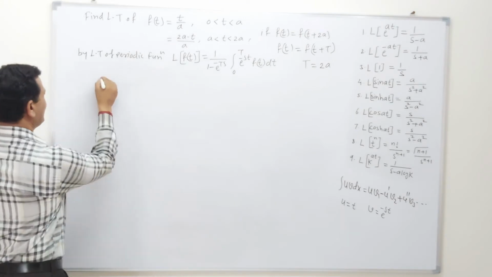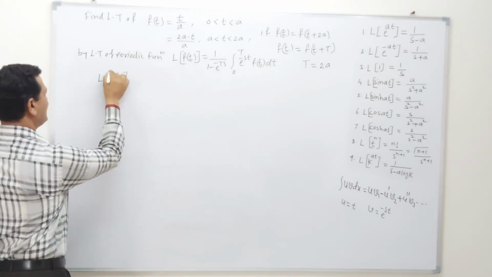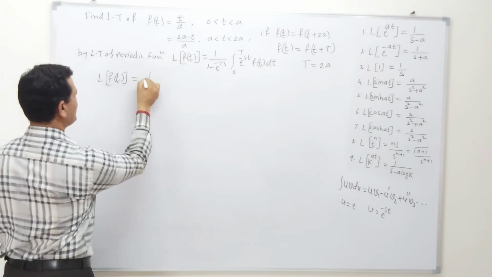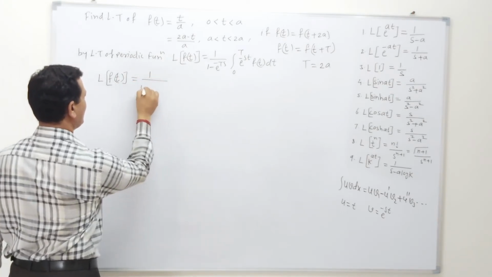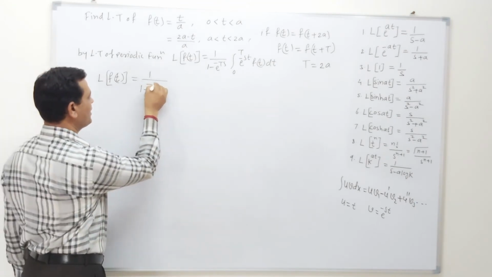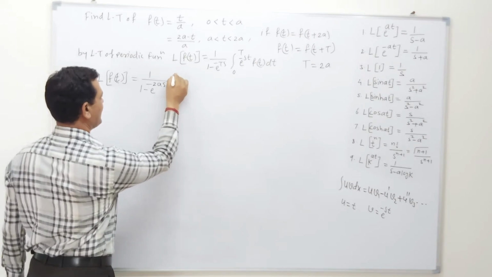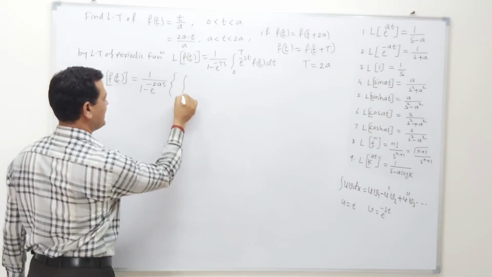So we can write the next step as Laplace transformation of f of t is equal to 1 upon 1 minus e raised to, put the value of T, which is 2a, so e raised to minus 2as, then in bracket we get this integration.